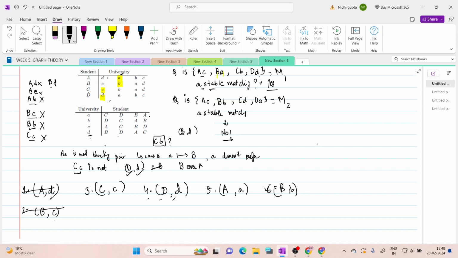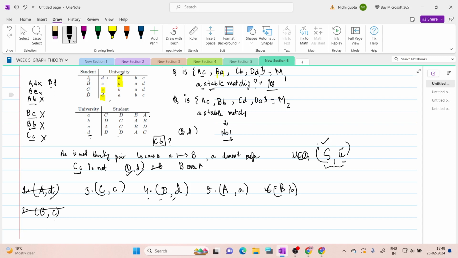For something to be a blocking pair, suppose the first is a student and this is a university. It is a blocking pair if the student becomes happy with this new choice and the university also becomes happy with this new choice.